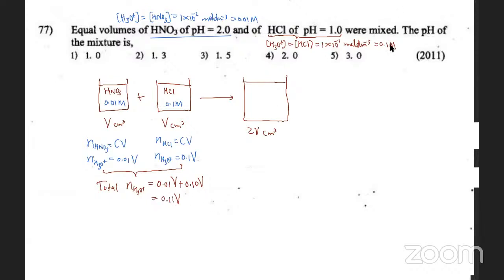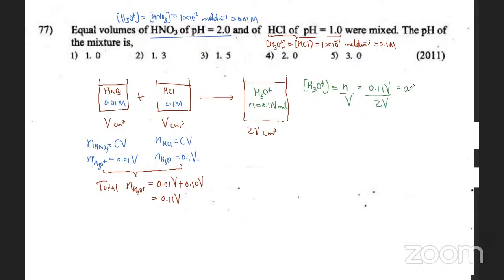So finally we will have H3O plus ions released from both of them. The number of moles will be 0.11 V moles. If you take the concentration of H3O plus, it is the number of moles over volume, 0.11 V over 2V this time, double.